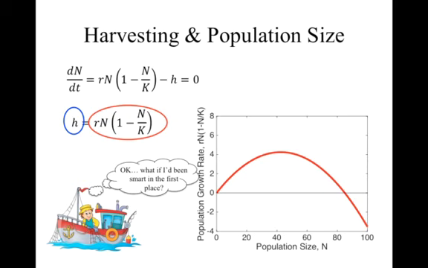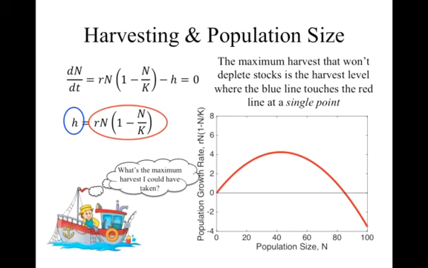What is the most I can take out and not end up causing the fish population to crash? So what's that maximum harvest I could have taken out and still been okay? Well, it turns out that the maximum harvest that won't deplete the stocks is the amount of harvesting you can do where your blue harvest line exactly touches the maximum point on that parabola at a single point.